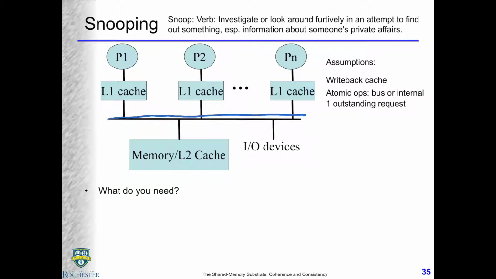You have some caches on the next level, be it an L2 or memory, connected on the other side. This is physically shared by a couple of processors. Maybe there are I/O devices. We don't care about them at the moment. And it's a simple bus. Okay, it's what I call an atomic bus. We'll see. This is in contrast to a later concept that we will introduce, a split transaction bus.